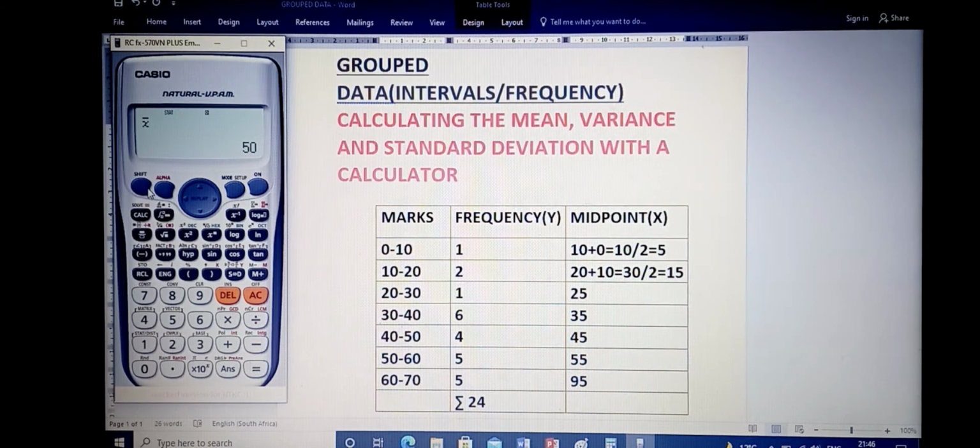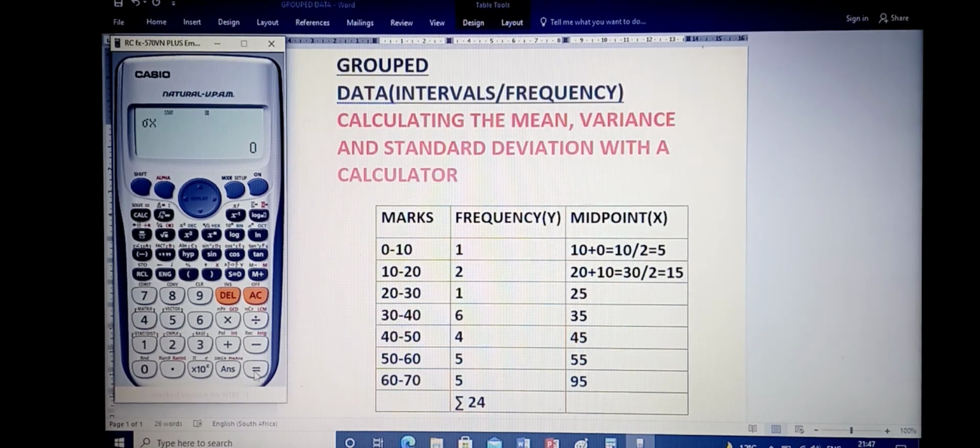Okay, now I'm going to just press AC clear. I'm going to find standard deviation. Same procedure, press the shift button, right? It must reflect shift there on your screen. And I'm going to press 1, which is the stat. We're going back to number 4, which is the variance. And then I'm going to find standard deviation, which is number 3.